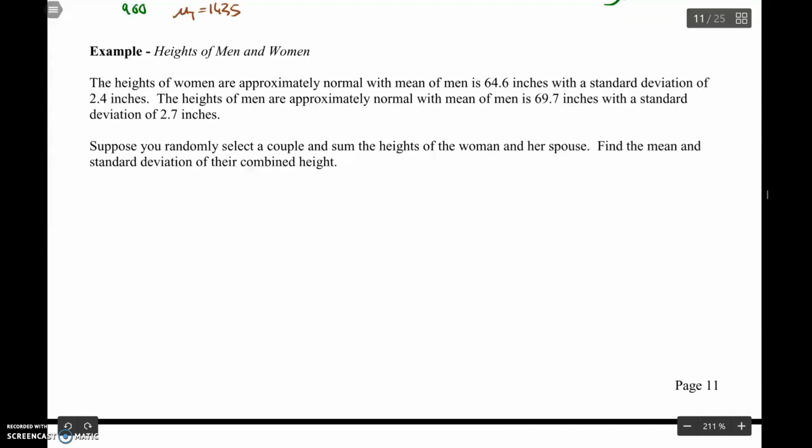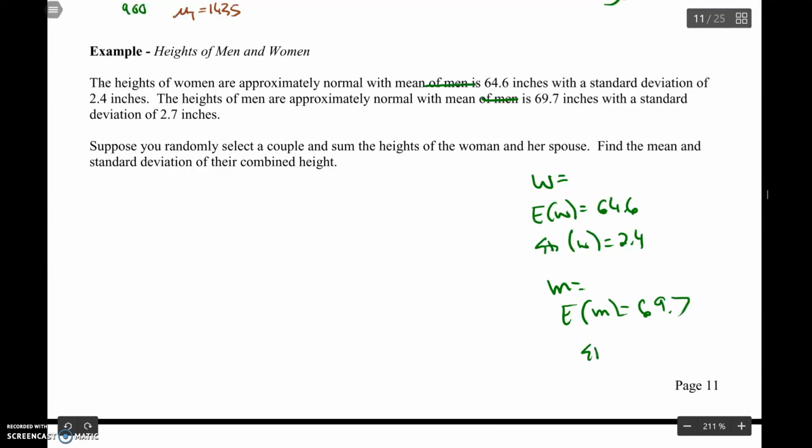The heights of women are approximately normal with a mean of 64.6 and a standard deviation of 2.4, and the heights of men are approximately normally distributed with a mean of 69.7 and a standard deviation of 2.7. Suppose you randomly select a couple and sum the heights.